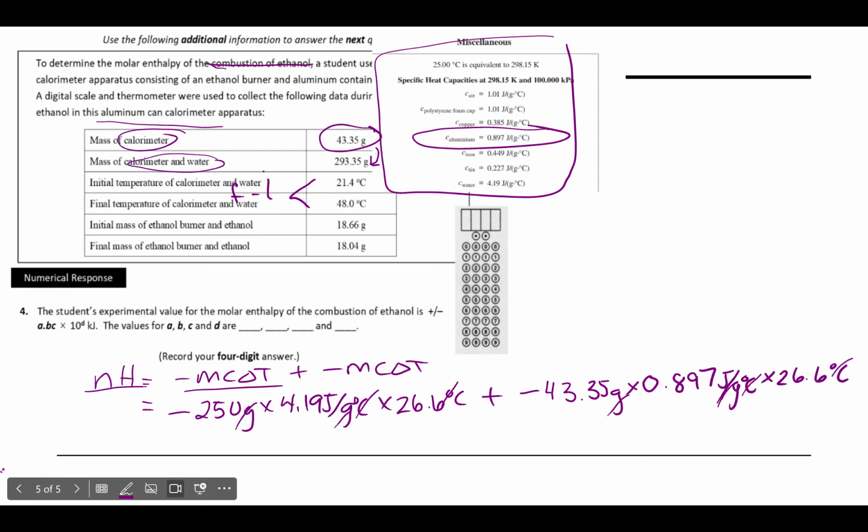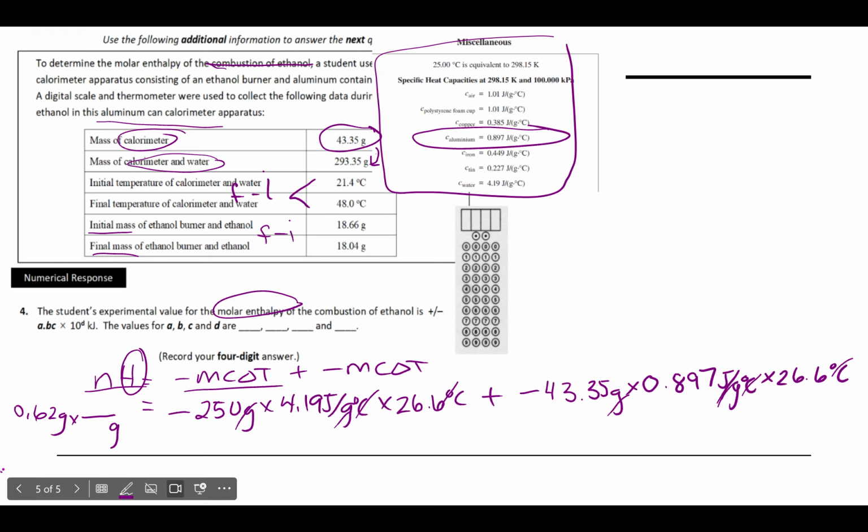Now on the left-hand side, again, if we're finding molar enthalpy, our goal is to get H. But we use this last bit of information. If you know the final mass and the initial mass of ethanol, and you do final minus initial, you'll find out the amount of ethanol used in this experiment was 0.62 grams.